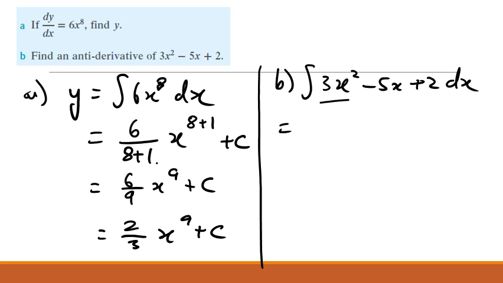So this one, what do you get? What do we divide it with? Because we're adding the power by 1. 3, good. And what goes on the top? 3, good. This one? What do we divide it with? 2. There's a 1 here if you're not sure, so that's a 2. And this one? 1.